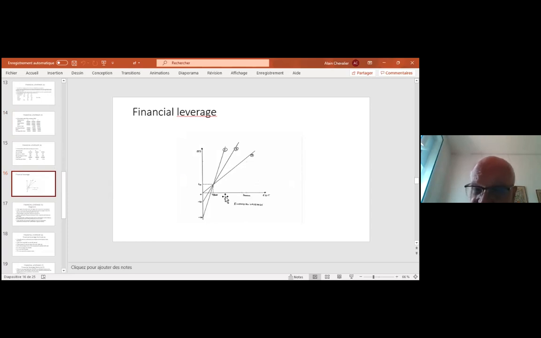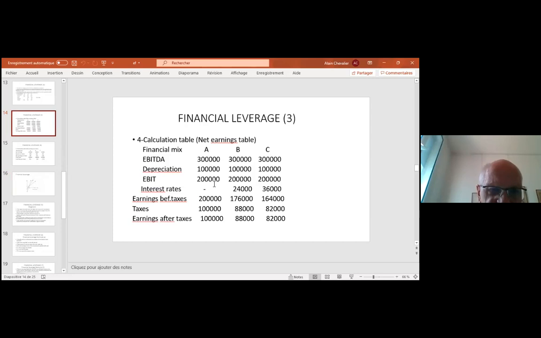And the question, for example, is what happens if the EBIT is equal to 0? If the EBIT is equal to 0, in case A, I go back here. If EBIT is equal to 0, just because above you don't have the same level of sales, for example. What happens afterwards? You get earnings before taxes equal to 0, taxes equal to 0, earning after taxes equal to 0.